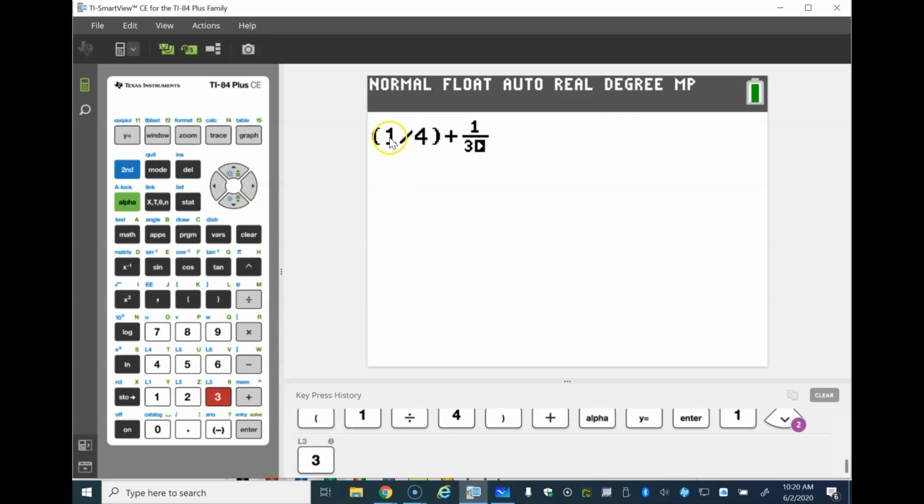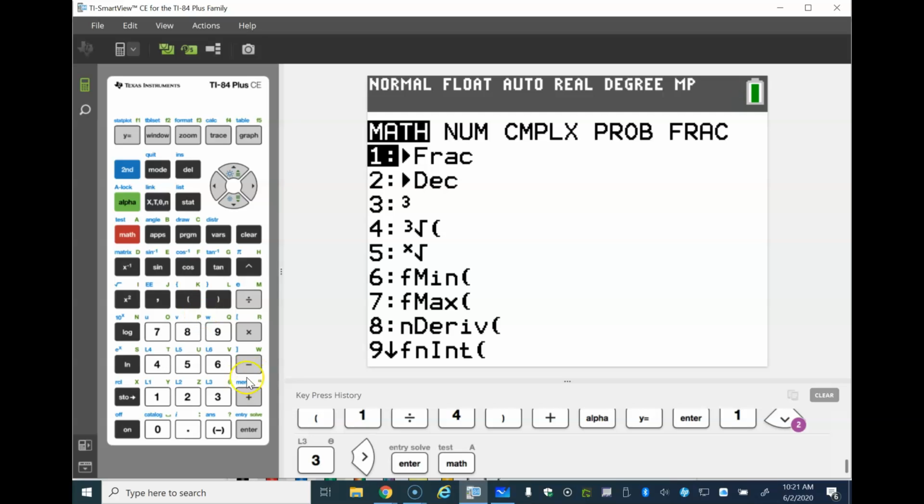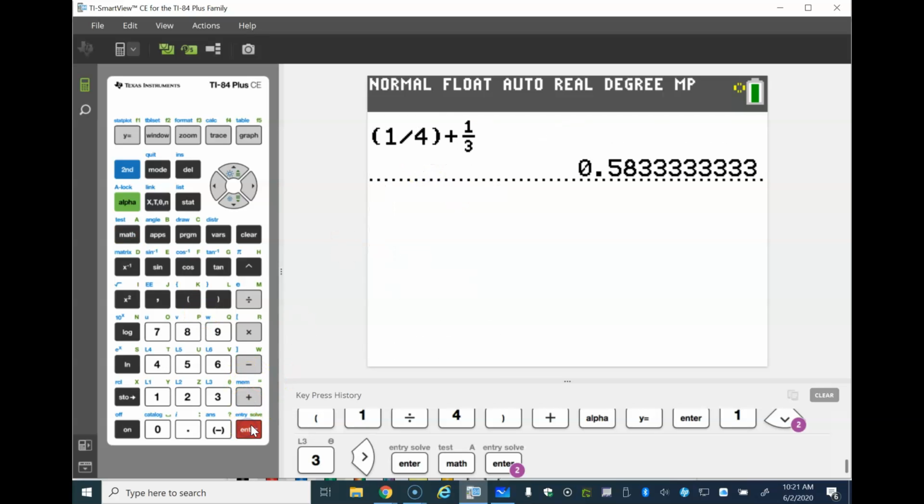If you have an older calculator, like a TI-83, you need to put it in parentheses, and put 1/4 in parentheses. If you have the newer one, you can just type in the fraction as is. And then to change this decimal into a fraction, because you want to stay with fractions, you hit math, and then fraction, which is number 1, so you can just hit enter 2 times. And we get 7 over 12.